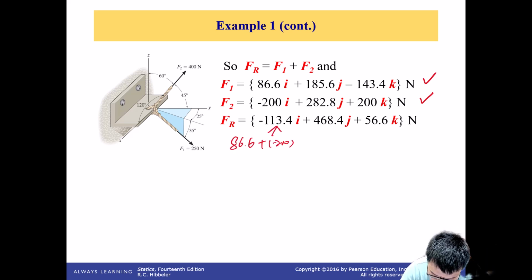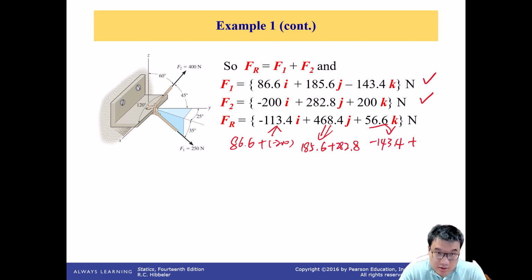And similar for j. In this way we get the resultant force. And then we need to find the magnitude and direction angles of the vector.